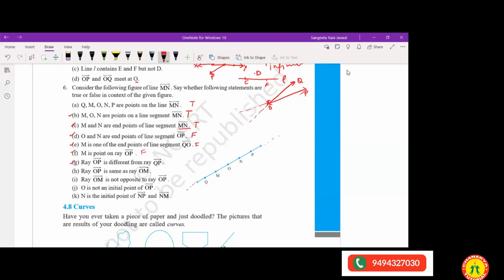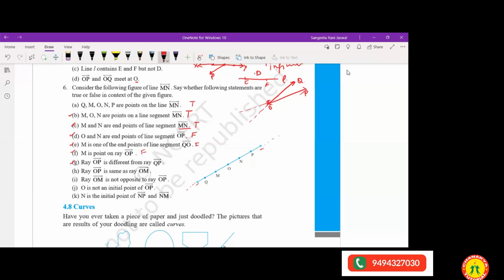It's different from this. See, O to P. I'm taking it as a segment because I can see the endpoints here. This is the extreme endpoints. OP is a part of this line. Are you getting? So OP is a segment actually. It's not a ray, it's a segment.